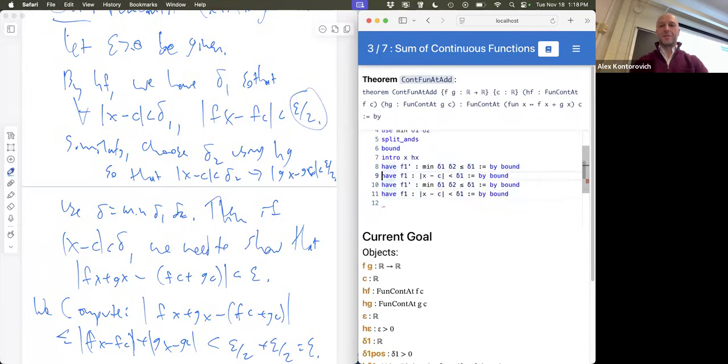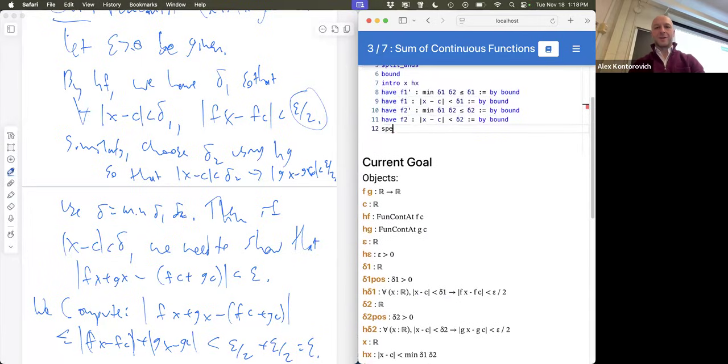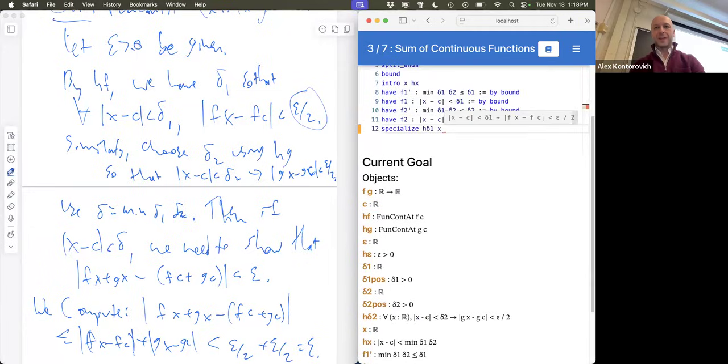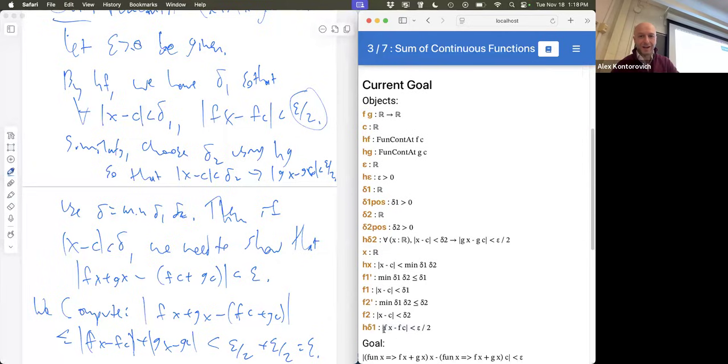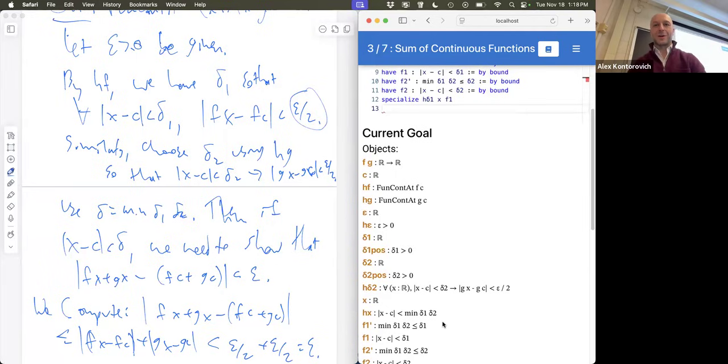And then let's do the same thing with f2. This is at most delta 2. And f2, that's at most delta 2. Okay, now let's specialize. Specialize h delta 1 to x together with f1. Yes. I got that f of x minus f of c is less than epsilon over 2. Now specialize h delta 2 to x and f2.